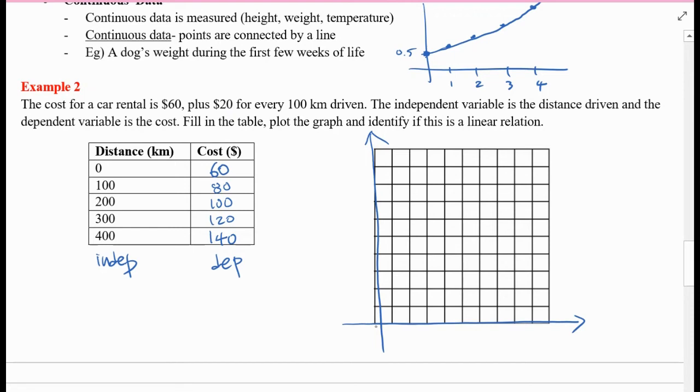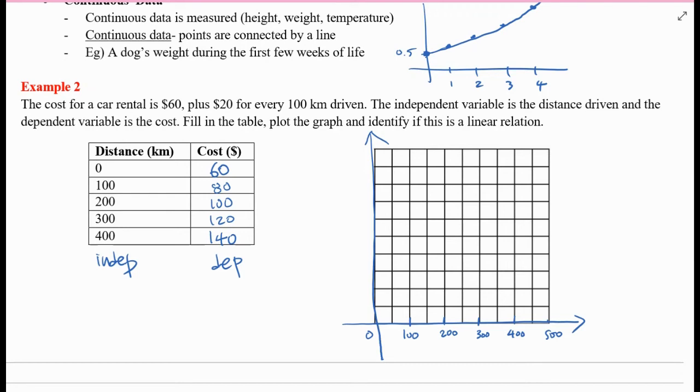So I'm going to start from 0, increased by 50, 300, 400, 500.